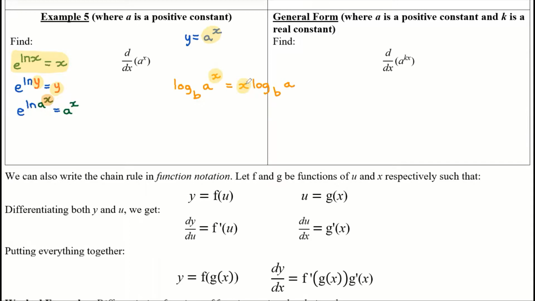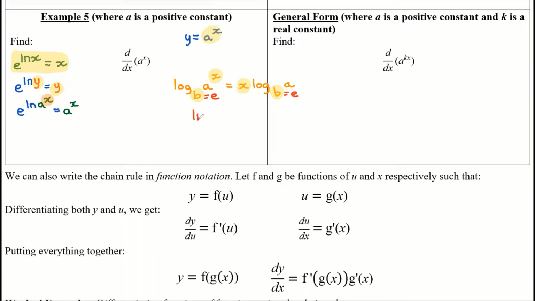Now, log to the base b, if b was equal to e, the exponential, that would be the natural logarithm, wouldn't it? So I can just as easily say, if the base b was equal to e, then this is called the natural logarithm.